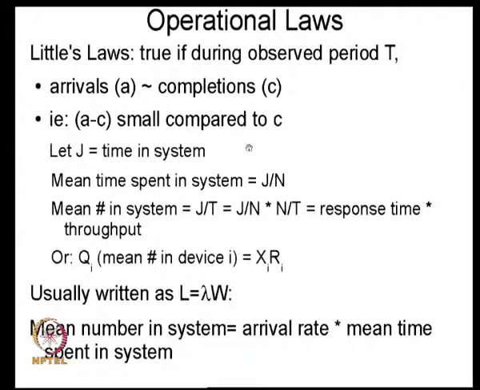Make sure that the assumptions are valid, then many simple rules of this kind can be used. So again just to repeat, the queue size in front of device i, and there could be a lot of devices in the system, is given by the throughput of the device multiplied by the response time for a job at that particular device. That is to see how big the queue is.